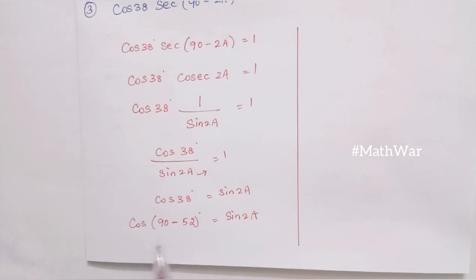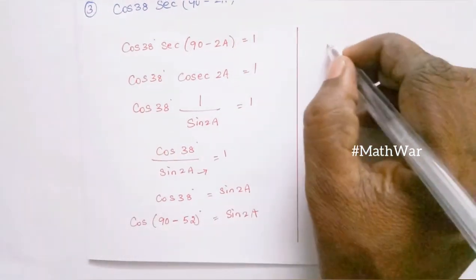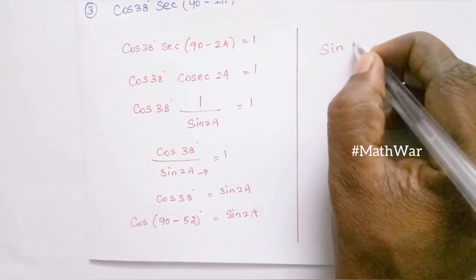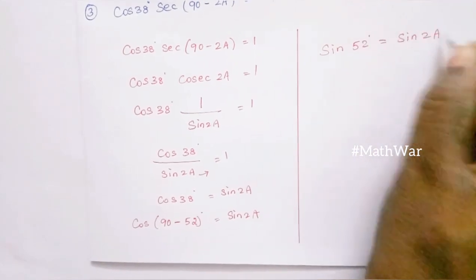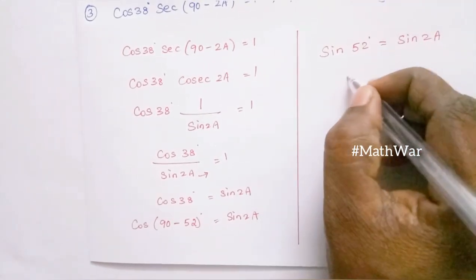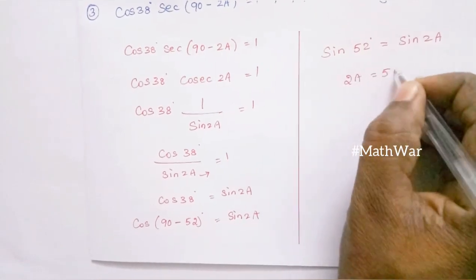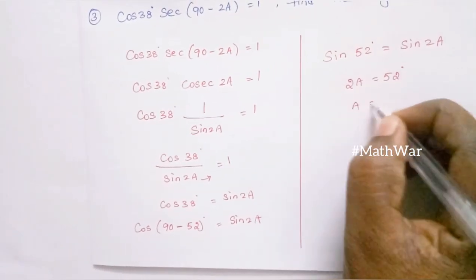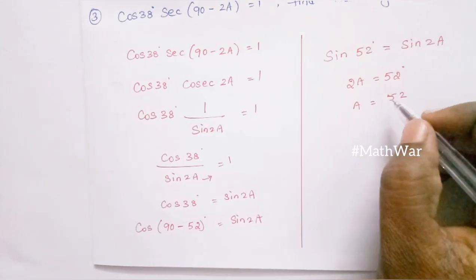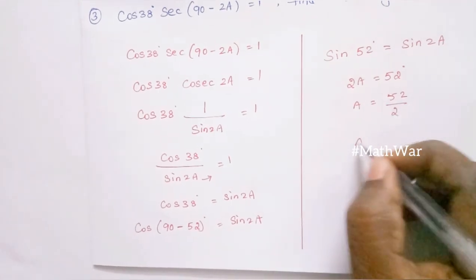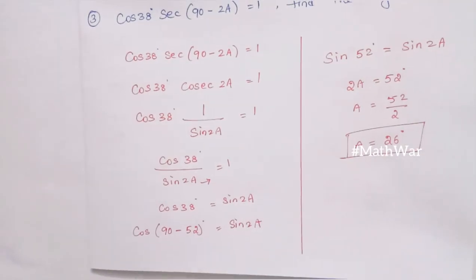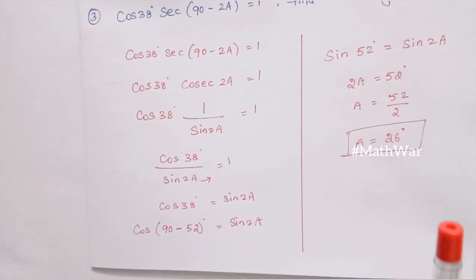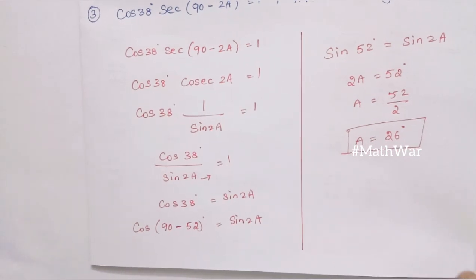Therefore cos of 90 minus theta is nothing but sin theta, so sin 52 degree is equal to sin 2A. By comparing, 2A is equal to 52 degree, that is A is equal to 52 by 2, A is equal to 26 degree. That's how we found the answer for the angle A, which is 26 degree. I hope you understood this class very much. So thank you all.